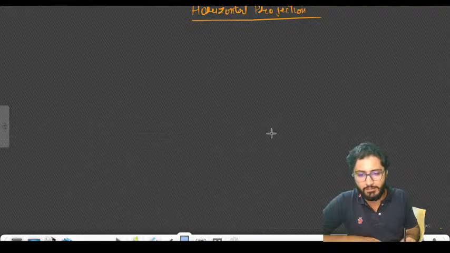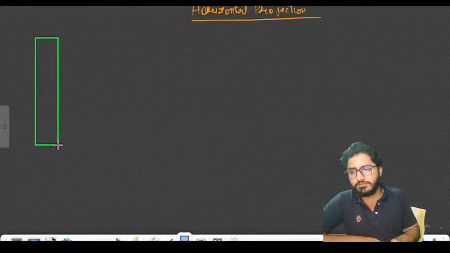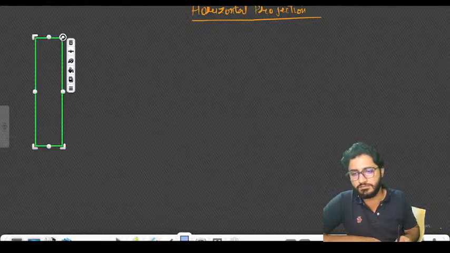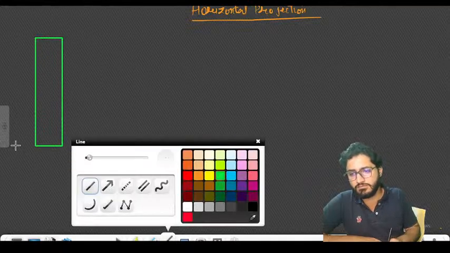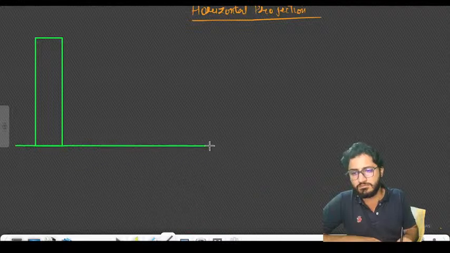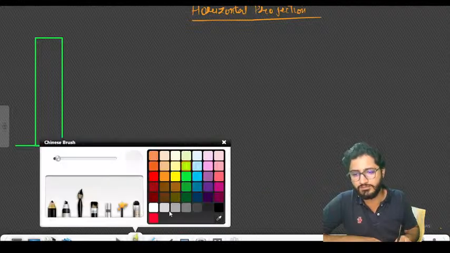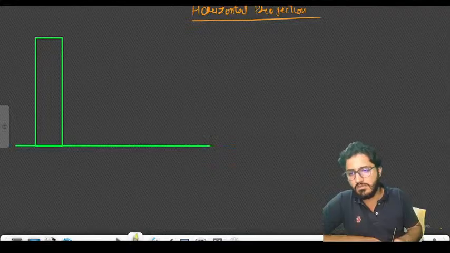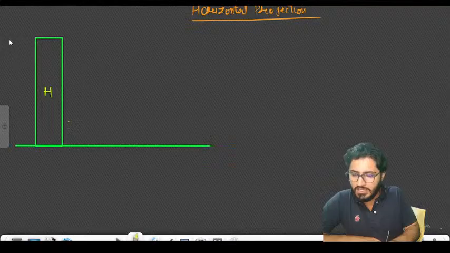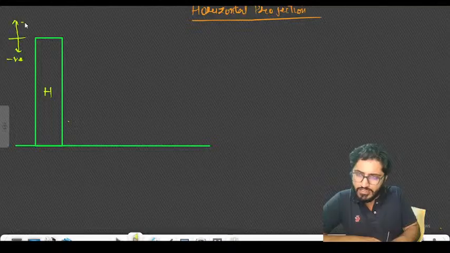If we have a building, and the building's height is h, take downside motion as negative, take upside motion as positive.